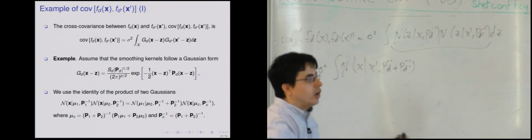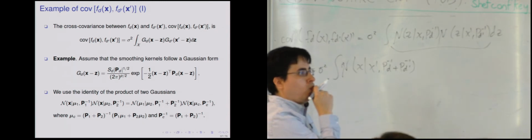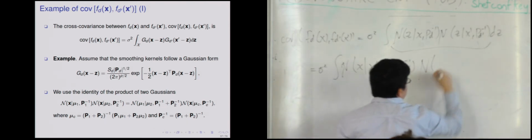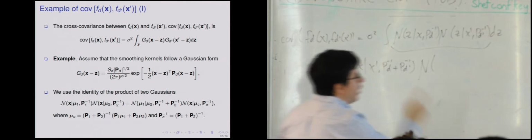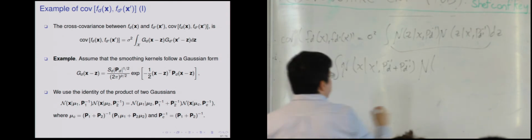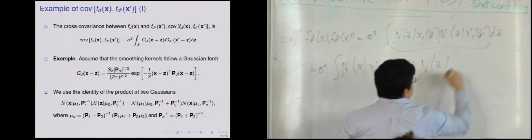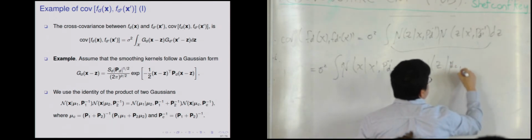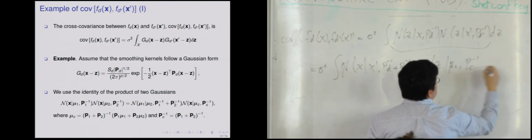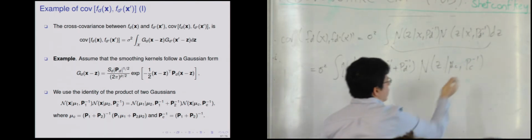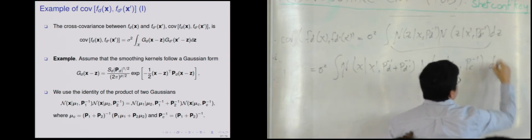And how is the second Gaussian? So the second Gaussian is going to be over, in this case, z, given a mean value mu c and a covariance, precision matrix PC, and then the integral over z.